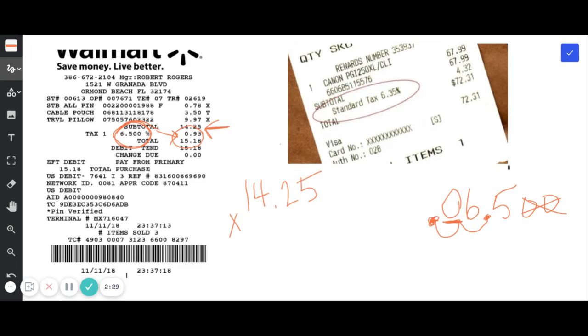So 6.5% is now 0.065. We've turned that percent into an actual number that we can work with. Now I'm going to multiply my subtotal, $14.25, by 0.065.